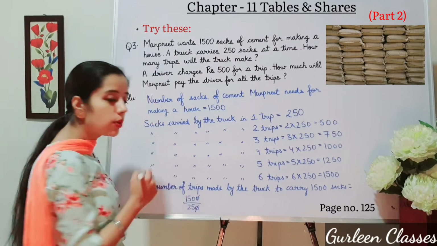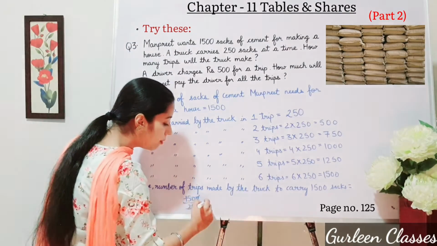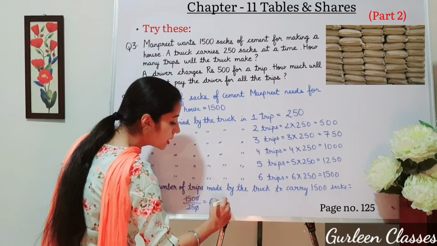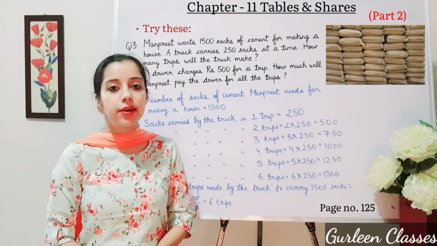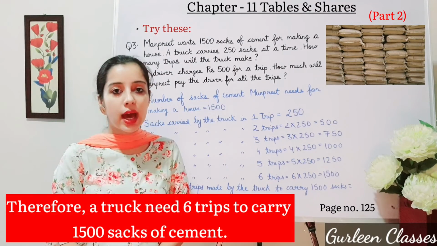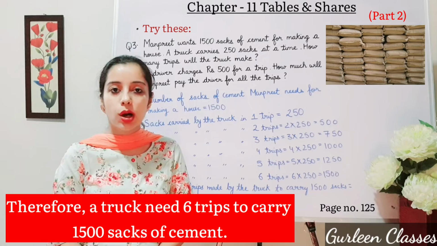So here 0 0 cancel, we will divide 25 by 6. So answer is coming 6 trips. Right, a truck needs 6 trips to carry 1500 sacks of cement.